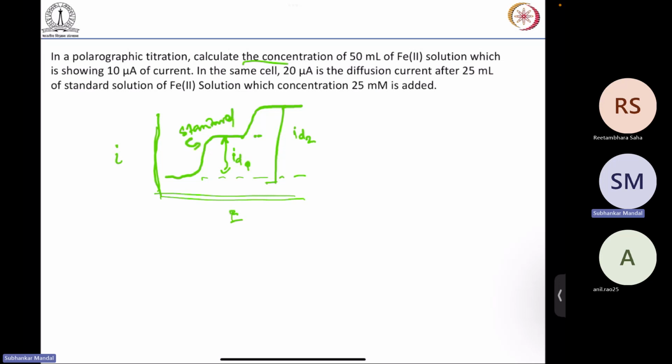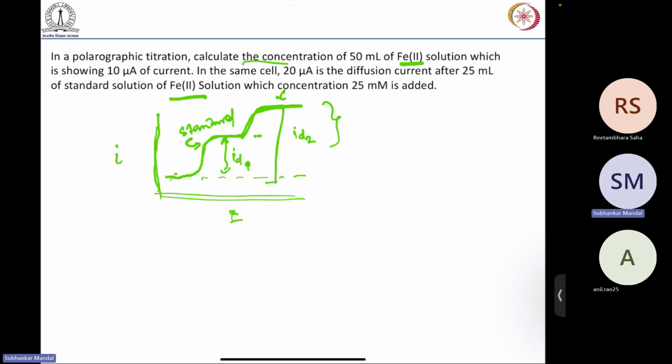In the initial state you are doing it for the standard sample, and after that some unknown concentration you have added and you are getting this current. Then they are asking what is the concentration of this unknown component.